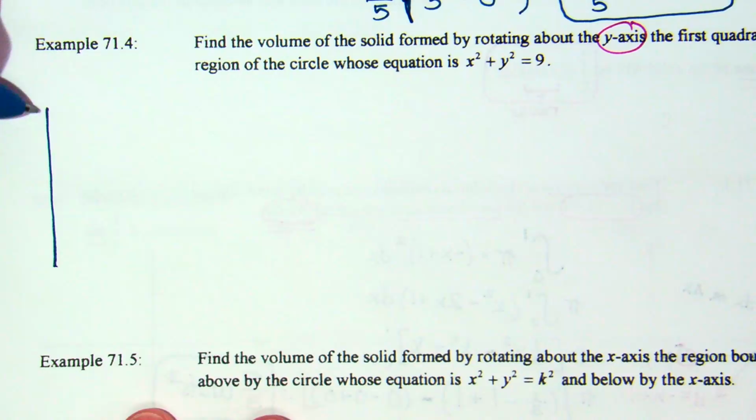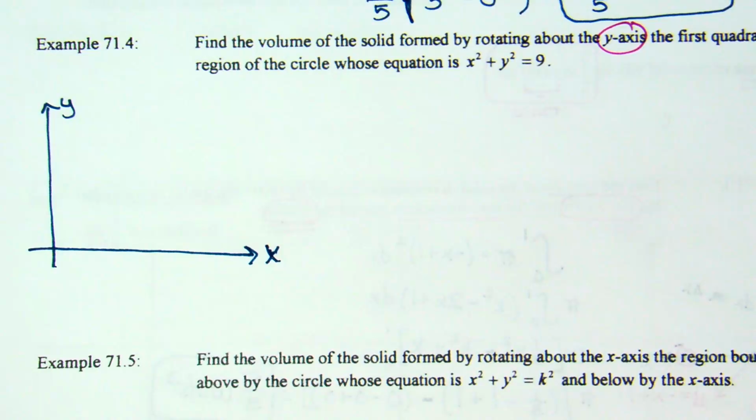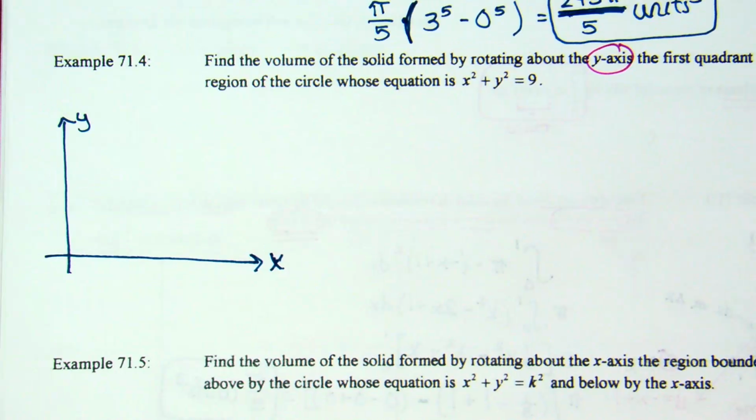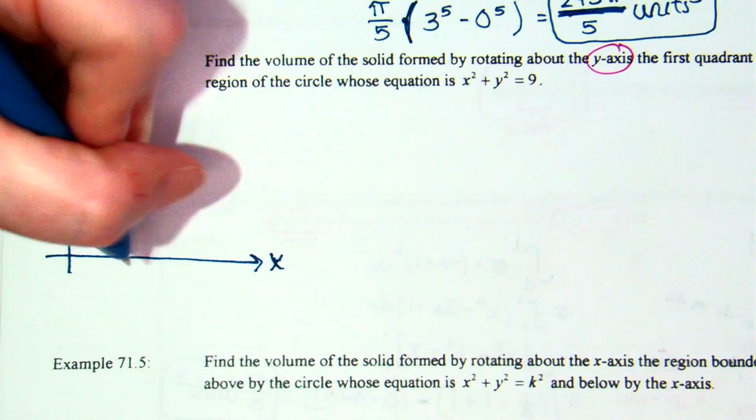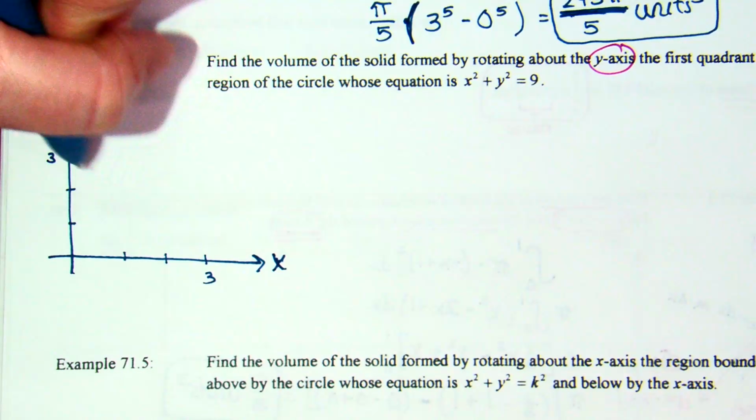And x squared plus y squared equals 9: a circle centered at 0, 0. Because it says 9, that's a radius of 3. So what's the picture we're looking at? A quarter of a circle. That's not the best, but you get the idea. So that's the shape we're drawing.